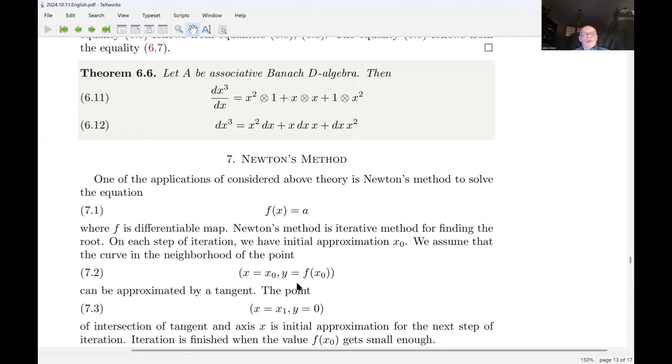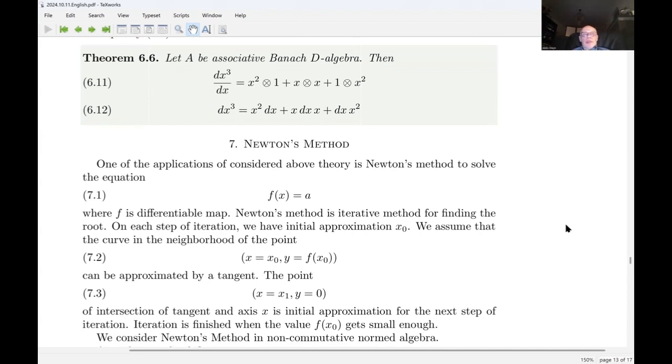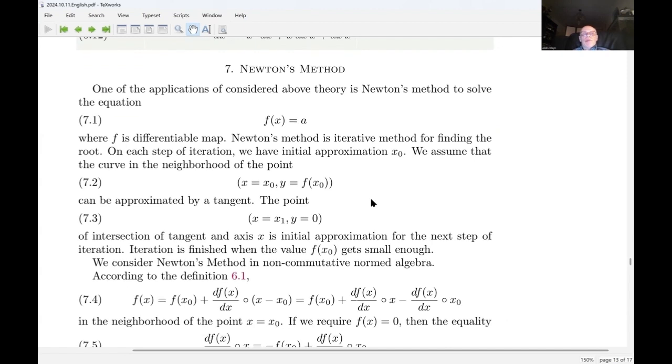We assume that the curve in the neighborhood of the point 7.2 can be approximated by the tangent. The point 7.3 of intersection of the tangent and the axis x is the initial approximation for the next step of iteration. Iteration is finished when the value f of x0 gets small enough.